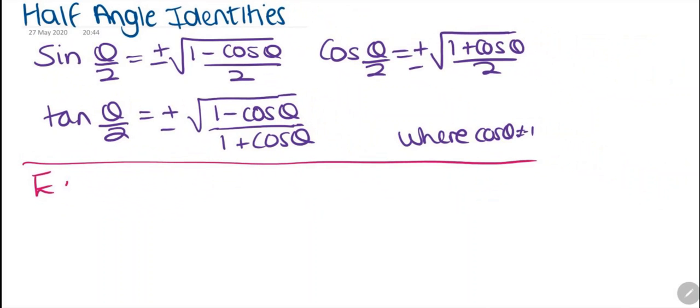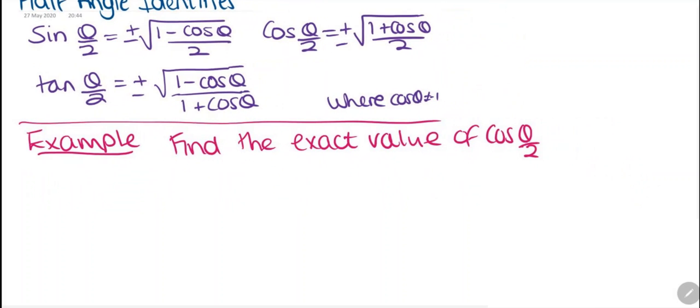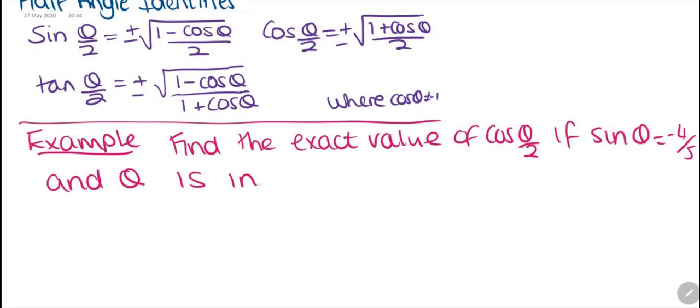So our first example, find the exact value of cos theta divided by 2 if sine theta is minus 4/5 and theta is in quadrant 3.